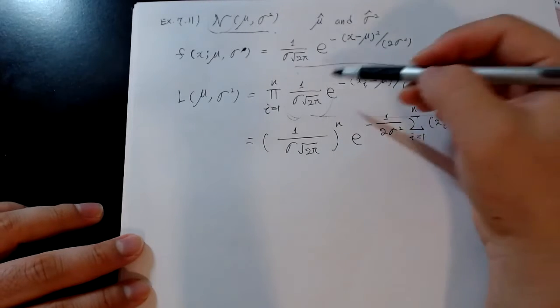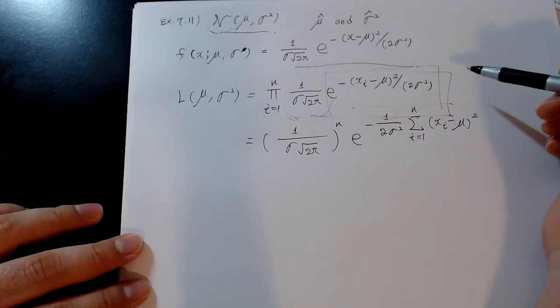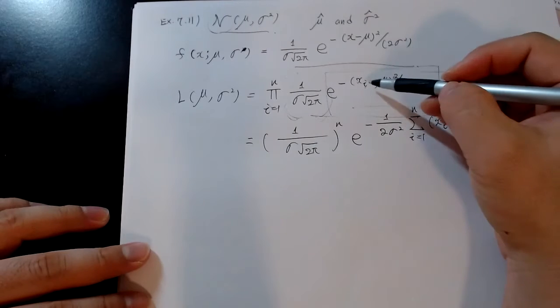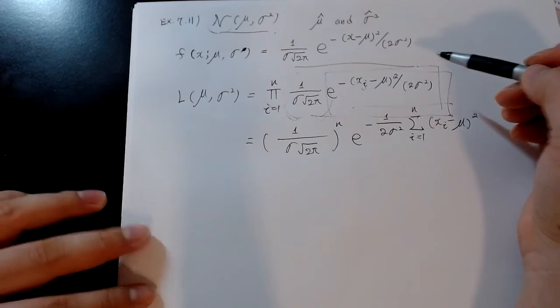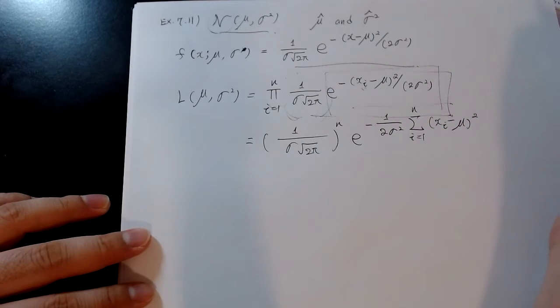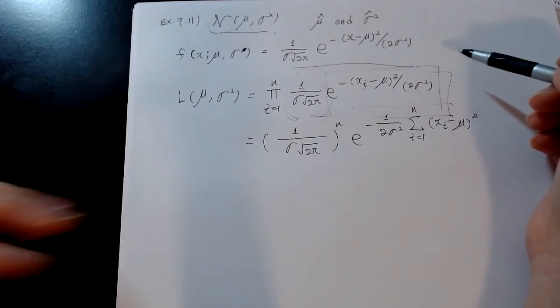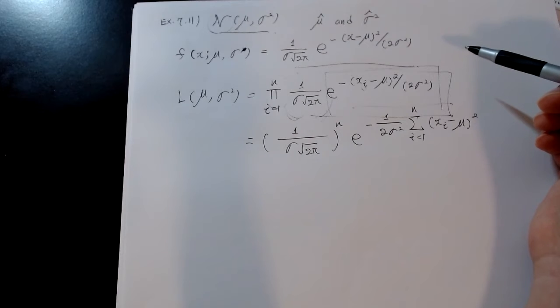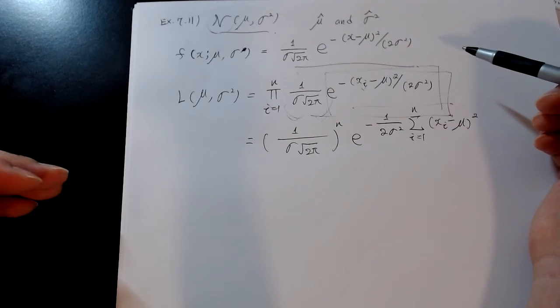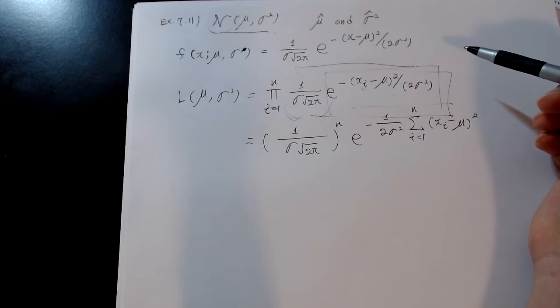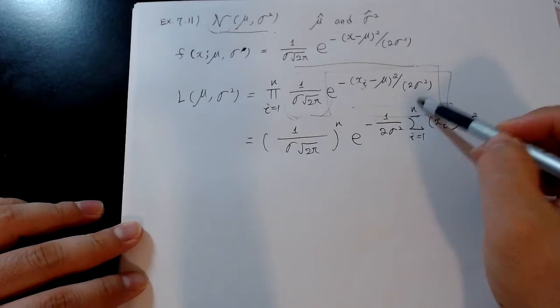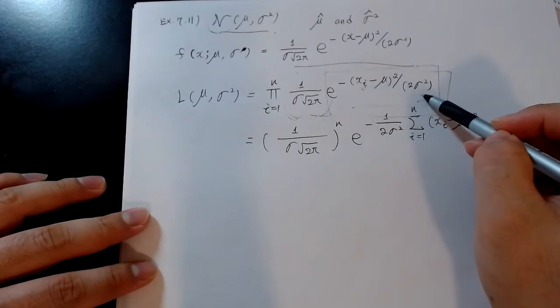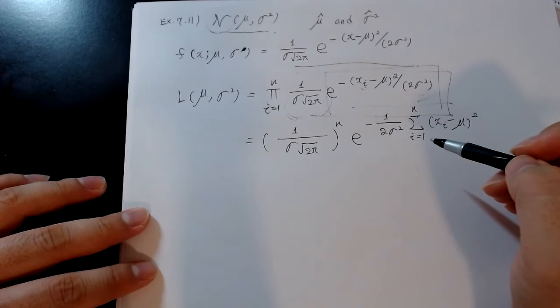Then we multiply that exponential term n times, for each different value of index i, 1, 2, 3 through n. For the product of the exponential terms, if they have the same base, we can combine them, and the exponent is the sum of the exponents. So that's why we got this.